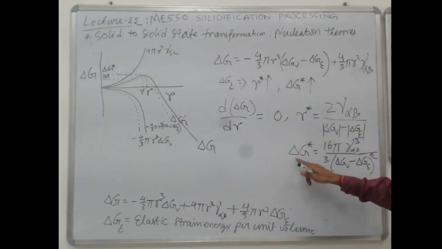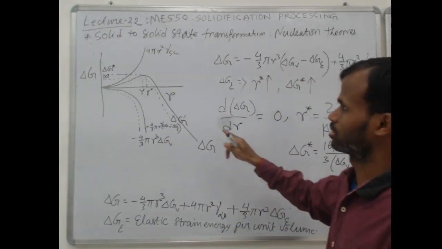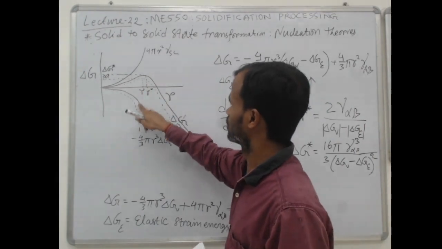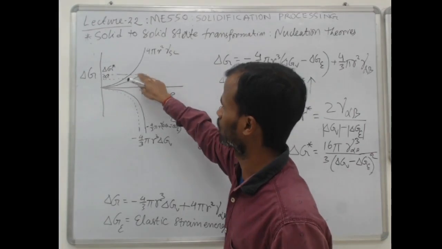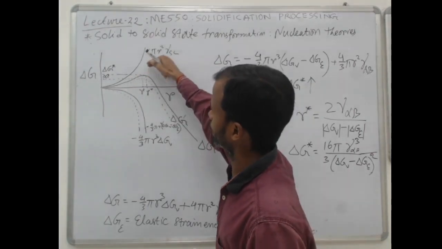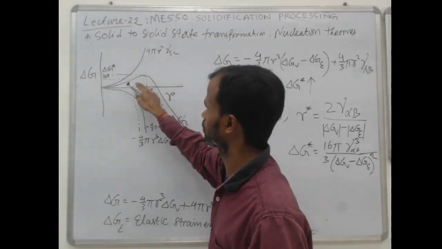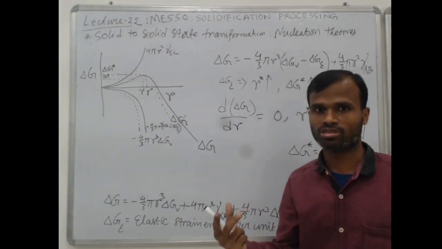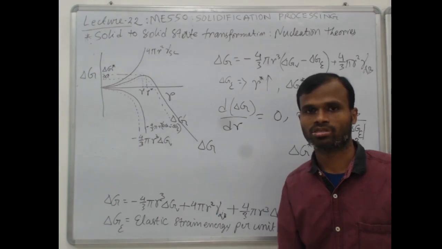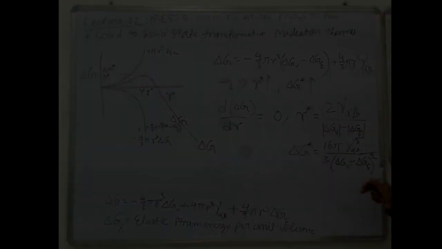The similar thing will happen with delta G star also. The presence of this energy term moves this curve up, the overall behavior also goes up. So the critical energy also increases. So this is how the elastic strain energy affects the nucleation.